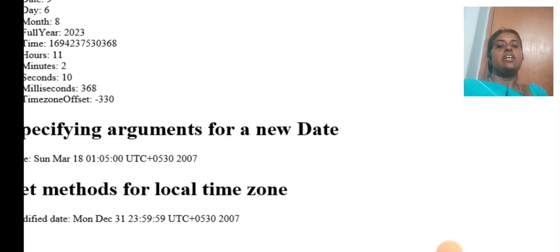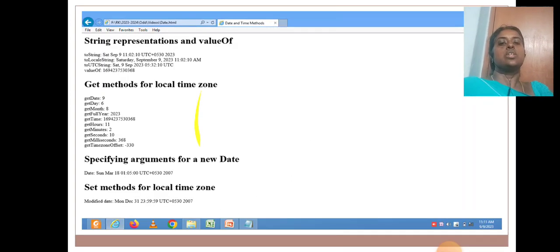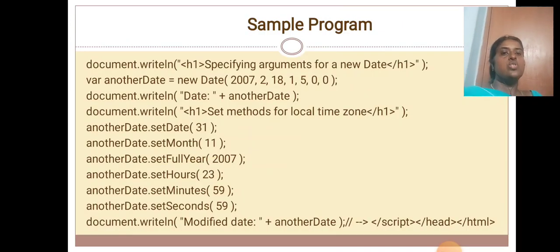Next, I have the value as 31 here. So that is the difference. I am going to change the date. Next, setMonth. From March, 2, I am now going to change it to 11. setFullYear, the same year, I am going to use 2007. setHours, I am going to change the hour from 1 to 23. setMinutes, I am going to change the minutes from 5 to 59. Seconds as 59, 0 to 59.